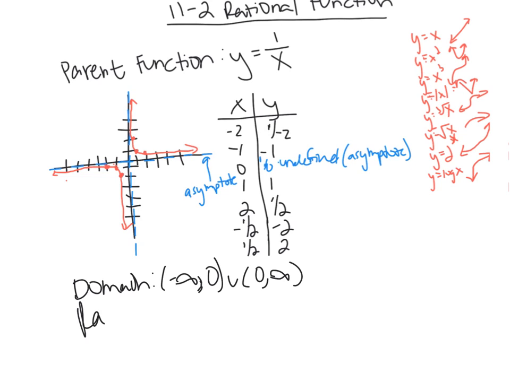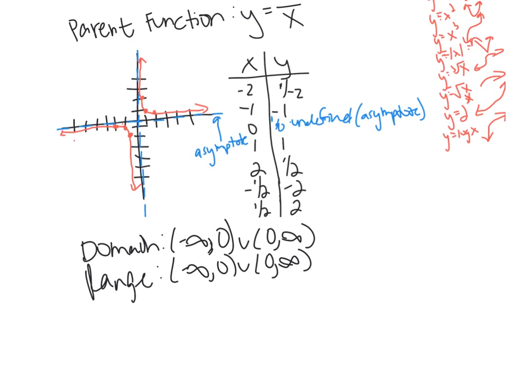What about my range? Range is the same thing. Because I have not only a horizontal asymptote at 0, I have a vertical. My range is also -infinity to 0, unioned with 0 to infinity. Notice I do not have an x or a y intercept because I have 2 asymptotes.